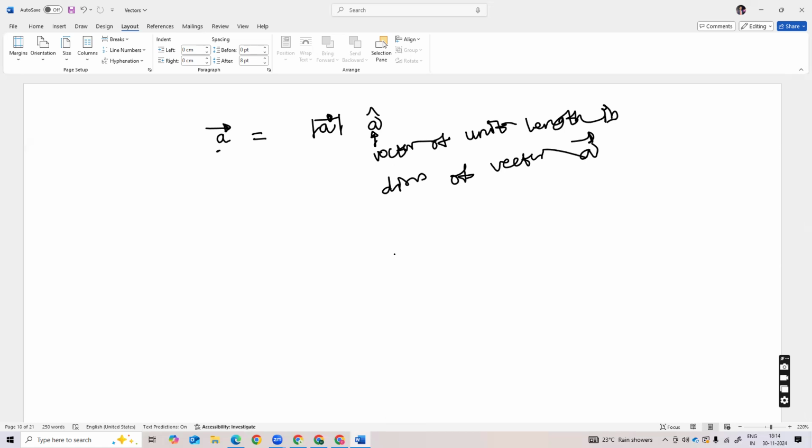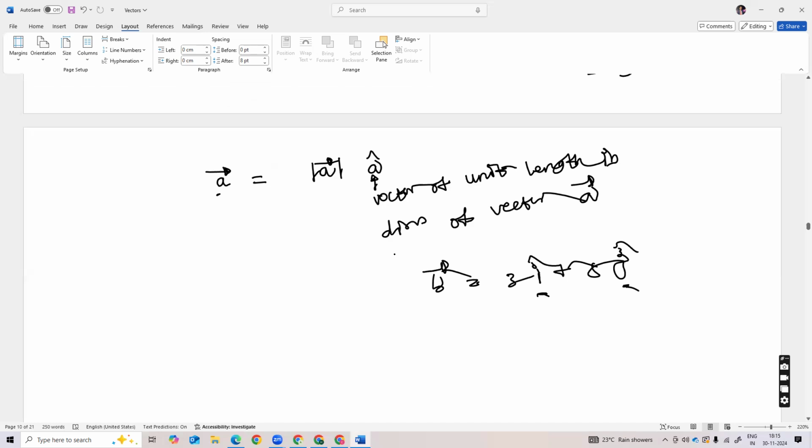Generally, when we write, let's say B is equal to 3i plus 5j, here i is showing the unit vector in x direction, j is showing the unit vector in y direction.